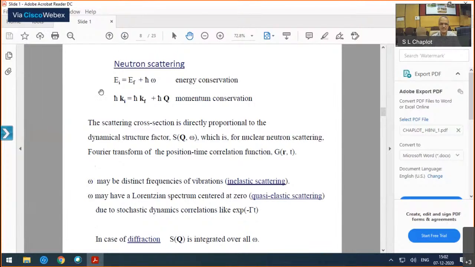Then we also said that the scattering could have two components: inelastic scattering due to the periodic dynamics, where the energy transfer has distinct values, or quasi-elastic scattering, where what we have is a Lorentzian spectrum centered around zero energy.